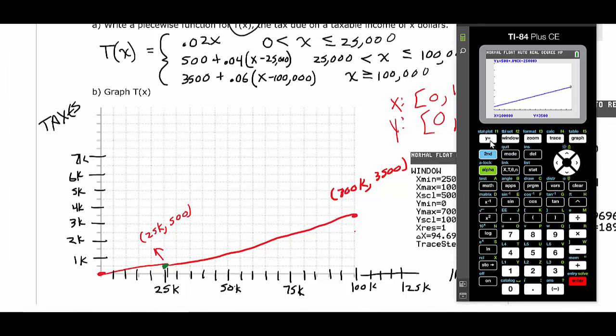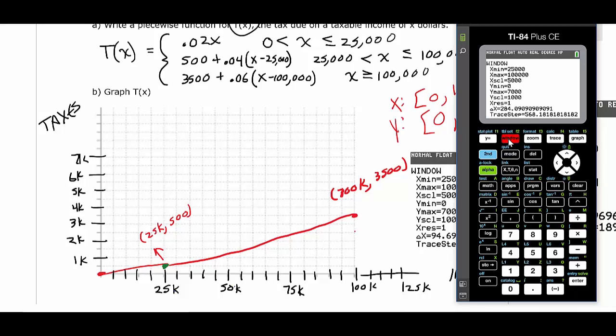So we just go to y equals. You put in the last function, which you just type over it. You'd have 3,500 plus 0.06 times x minus 100,000. Now I've got to readjust my window. What do I need to do on my window for this problem?